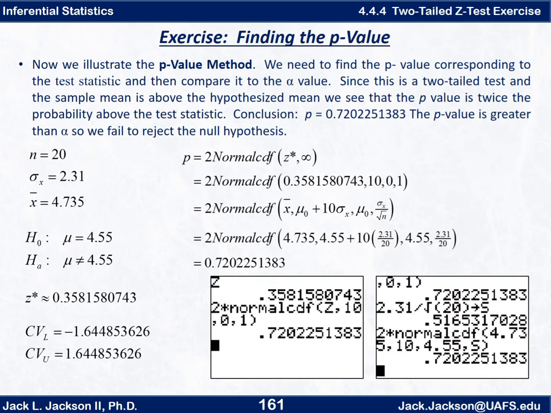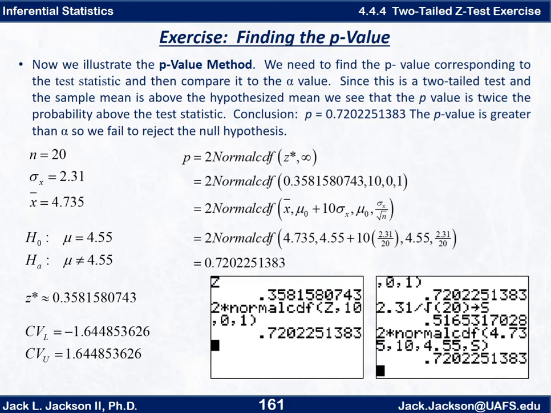Now, let's illustrate the p-value method. To find the p-value corresponding to the test statistic, we do that and then compare it to the actual alpha value. Notice that the critical value method was comparing z to z, and the p-value method is comparing probability to probability, p to alpha.